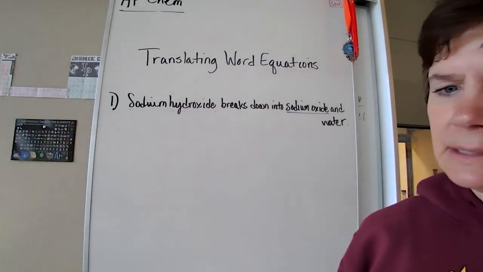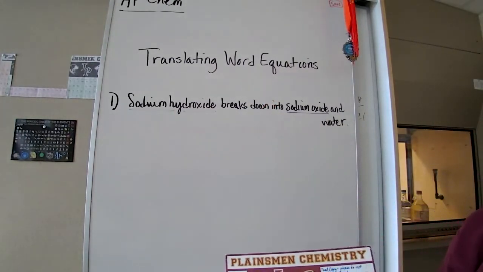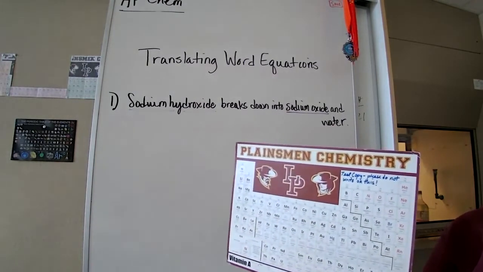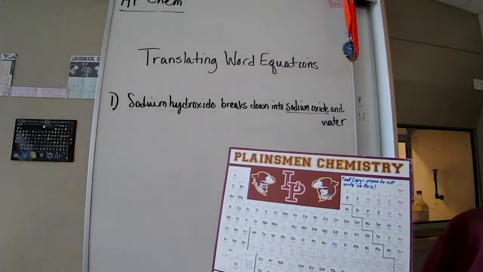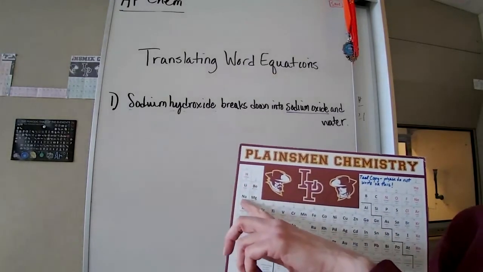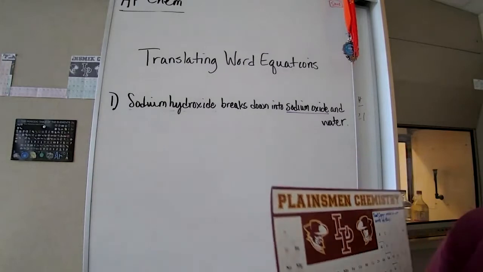There's only one reactant in this particular reaction, and it is the base that is a combination of sodium cation and hydroxide anion. Using your periodic table, we could see that sodium is in group 1.